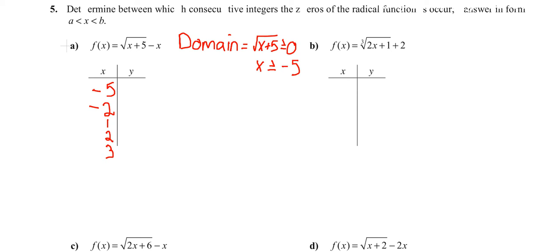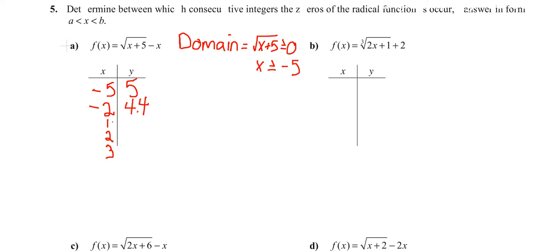Okay, so now all we have to do is just put them into this formula. So -5 plus 5 is 0, the square root of 0 is 0, minus -5, so that would be 5. I've already worked all these out before, so -2 plus 5, the square root of that, plus 2 is 4.4. So I'm just going to write down the numbers, 4.4.